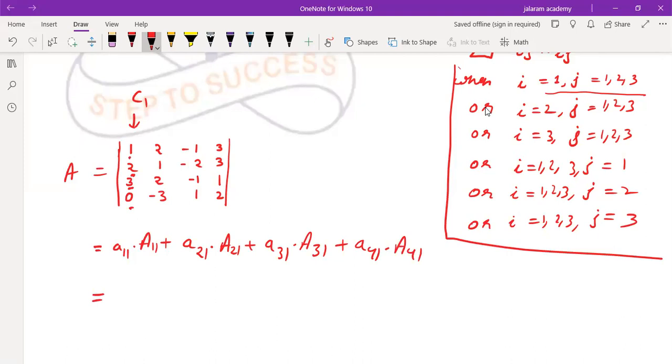Now for A11, we have observed that it is 1 into the determinant obtained by deleting first row, first column.